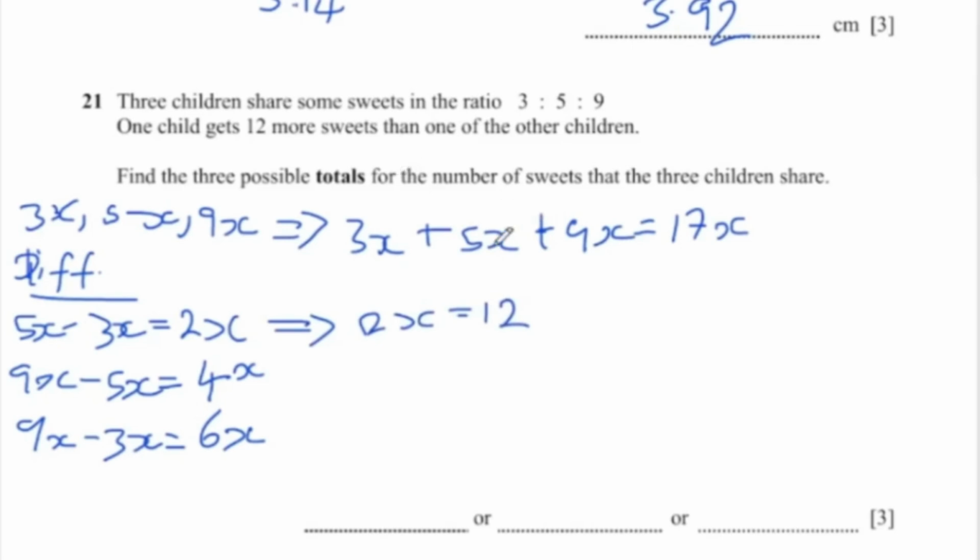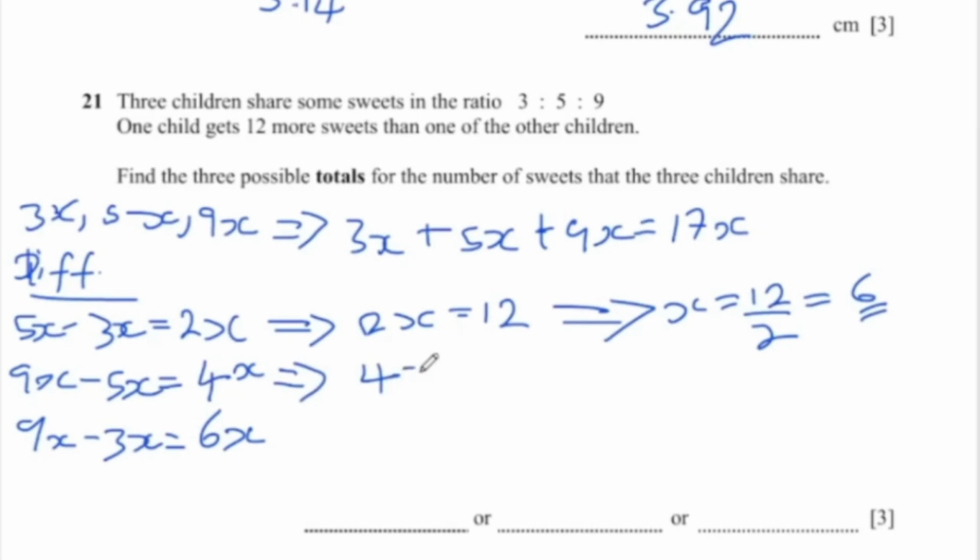Assuming that the second child gets 12 more sweets compared to the first, 2x is equal to 12 implies that x is equal to 12 over 2. 12 over 2 gives us 6. Okay, now we'll go to the second one. 9x minus 5x gives us 4x.